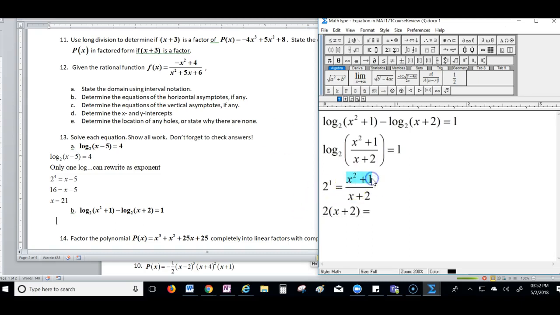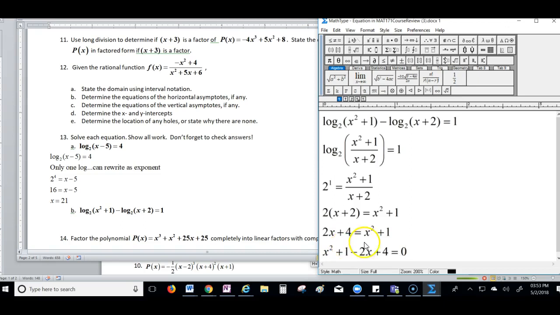And now I'm left with a quadratic. That's the thing about this class, almost every problem we do boils down to a quadratic. So if you don't know how to solve a quadratic, you're kind of sunk in this class, but I think most of us know how to do that now.